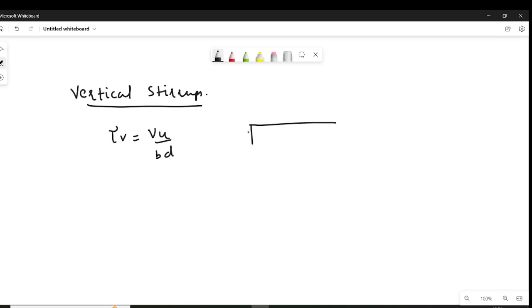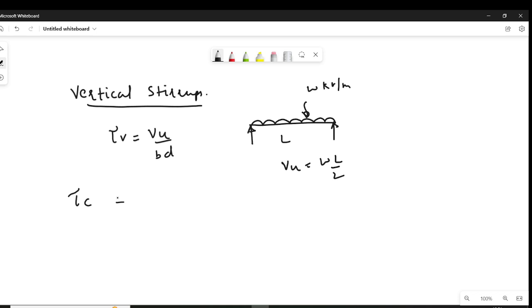If this is the beam and it is subjected to UDL over the entire span, the intensity of the UDL is w kilonewton per meter, and L is the length of the beam, then Vu, the shear force, equals wL by 2. In this way we find Vu, the shear force in the beam, and tau v is the nominal shear stress. After finding tau v, we have to find tau c.